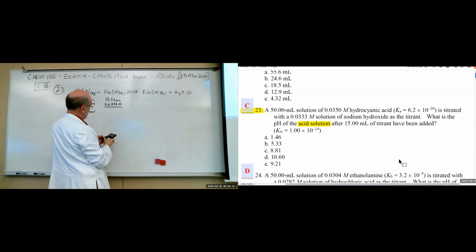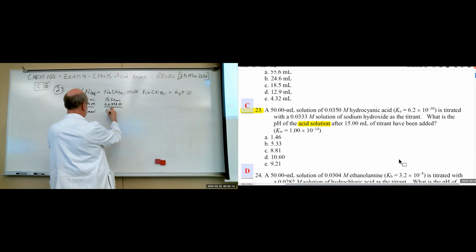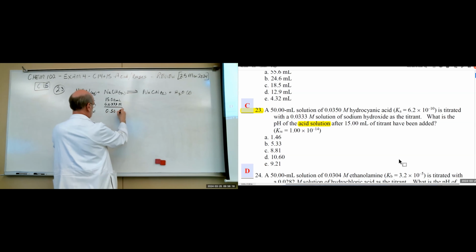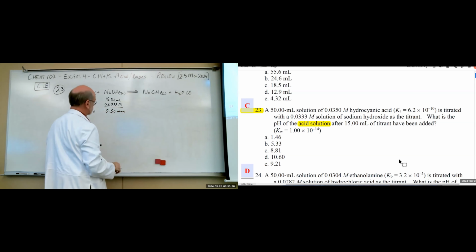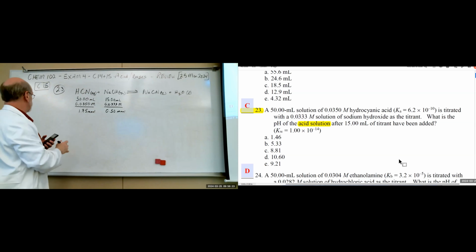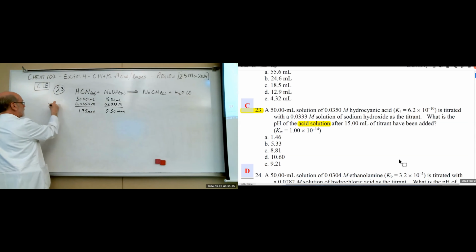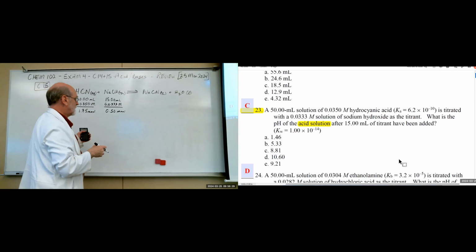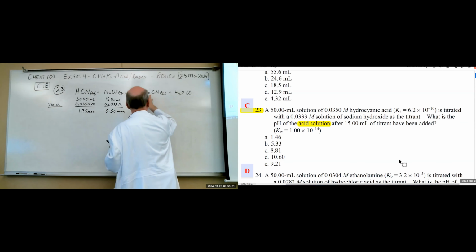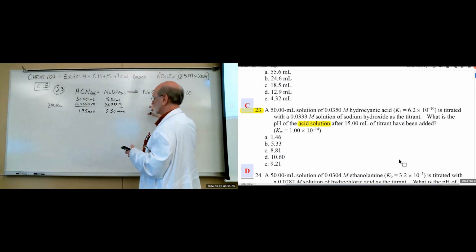And 15 times 0.0333 is 0.50 millimoles of base. Okay, so we're still talking stoichiometry here. This is the stoichiometry step.